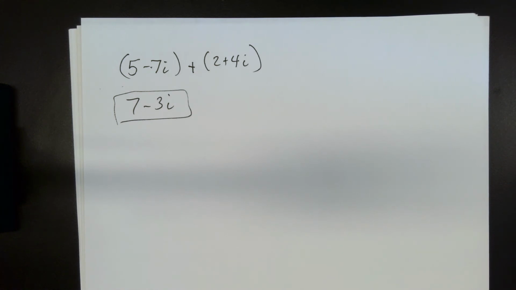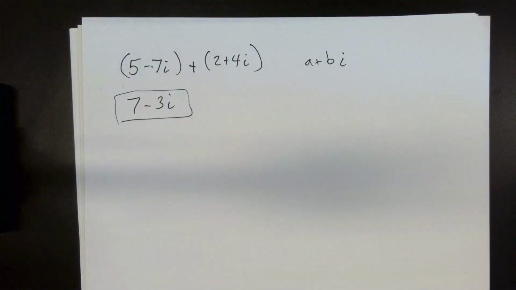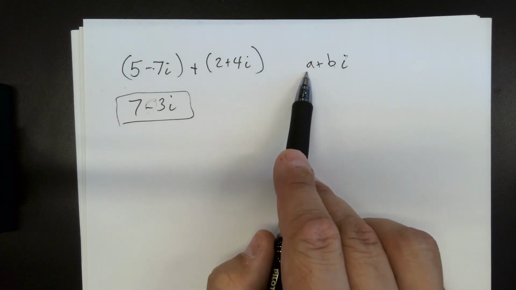All you're doing is combining like terms. But this is very important, and everyone listen. Anytime you're given numbers like this, they're in the form a plus bi. Complex numbers have to be written a plus bi. There can be a minus here, that's fine, but it has to be written a plus or minus bi. So the i comes last, the constant comes first.